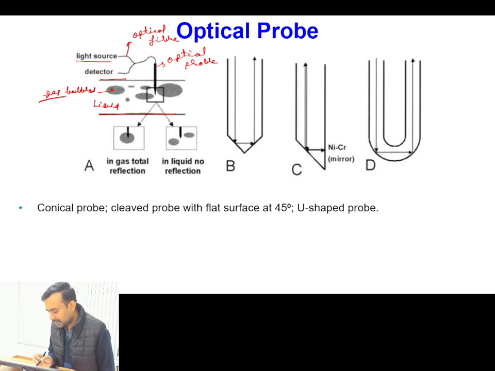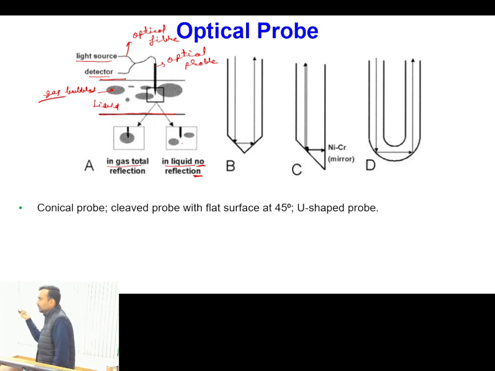Through this optical fiber it is supplying the incident ray to this glass optical probe, and this glass optical probe will either be in contact with the gas bubble or it will be in the liquid. Is this point clear? Once it is in liquid, there will not be any reflection, and ultimately at the detector I will be getting zero signal.